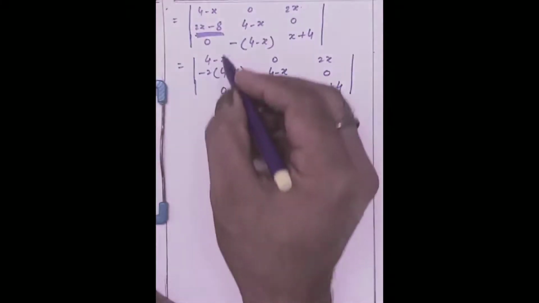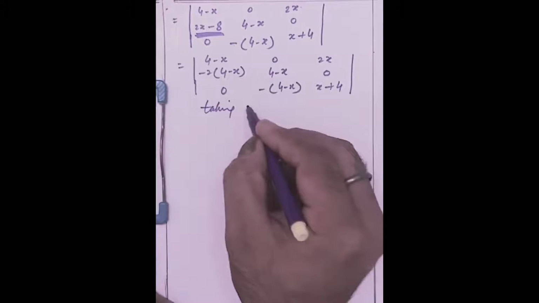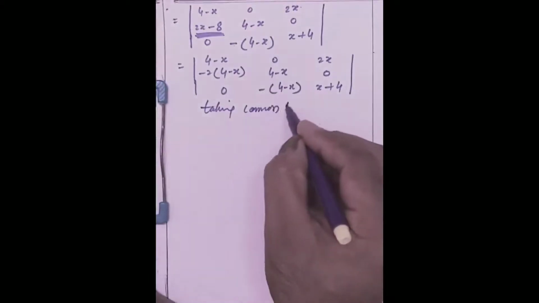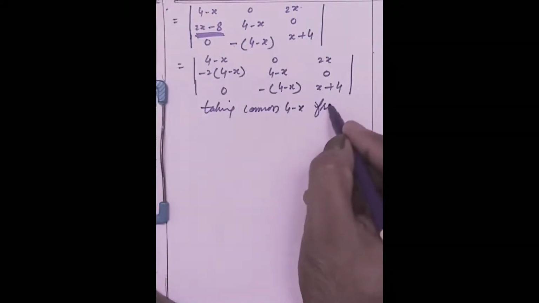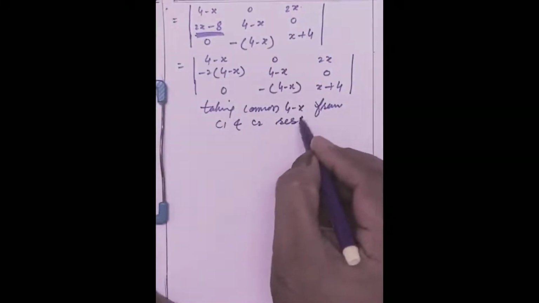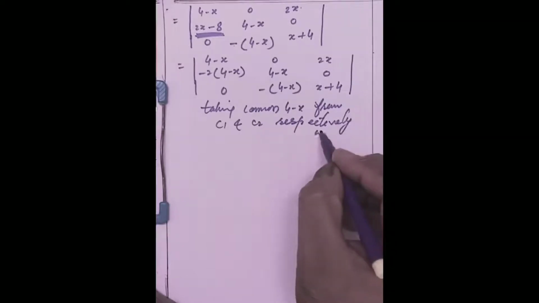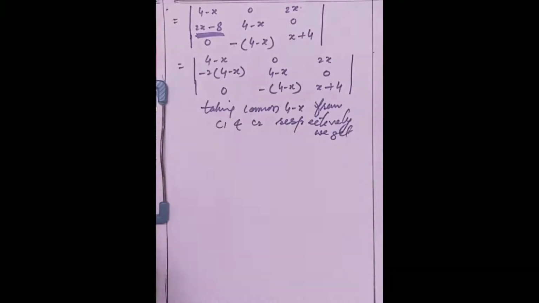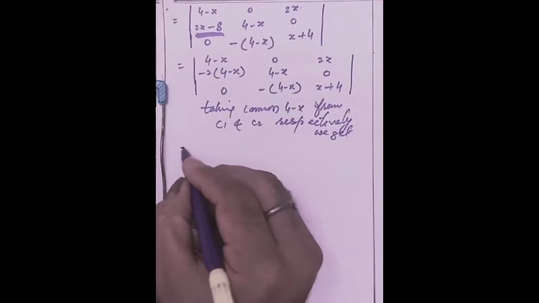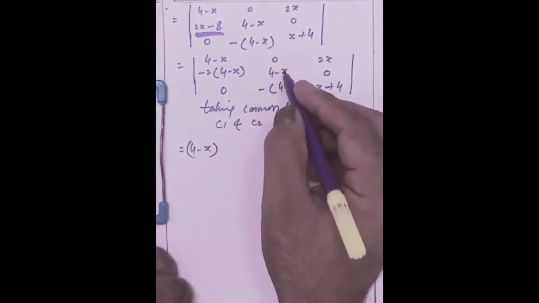So taking common 4 minus x from C1 and C2 respectively, we get 4 minus x from here and 4 minus x from here.